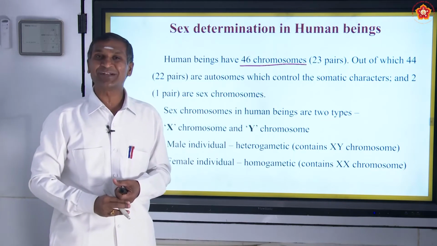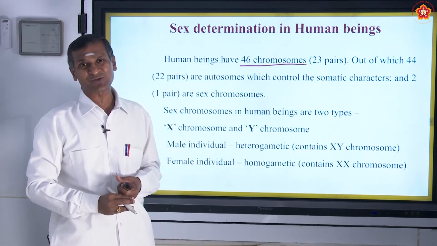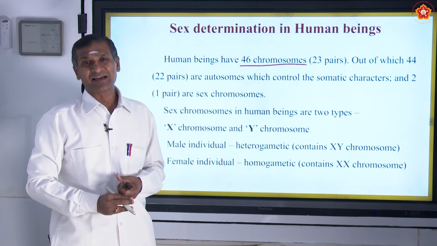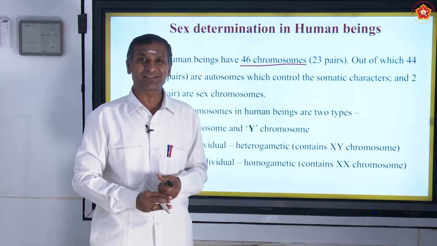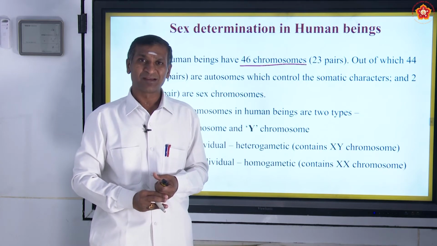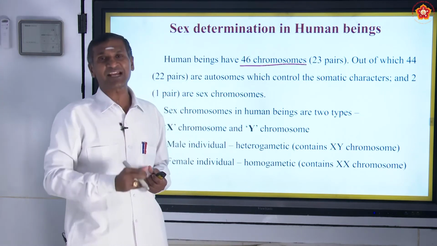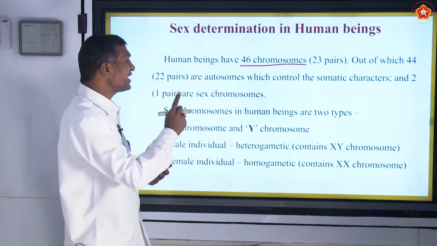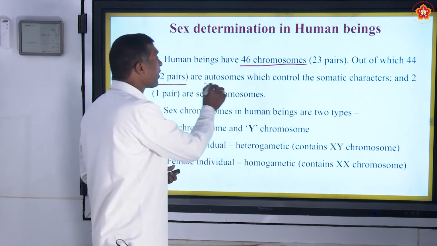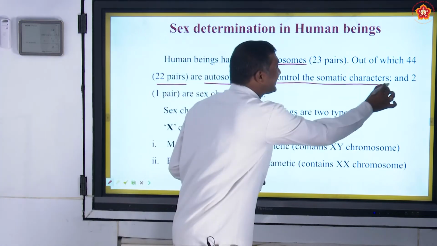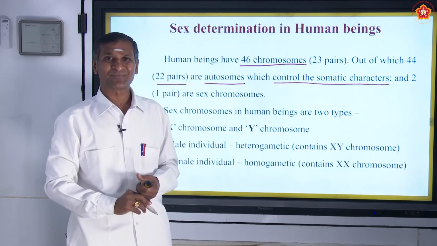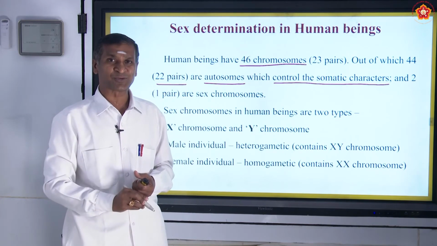That is, 23 pairs of chromosomes are there in human beings, which help in carrying the hereditary characters from parents to offsprings. Out of these 23 pairs, 22 pairs are autosomes, which control the somatic characters. 22 pairs means 44 chromosomes.